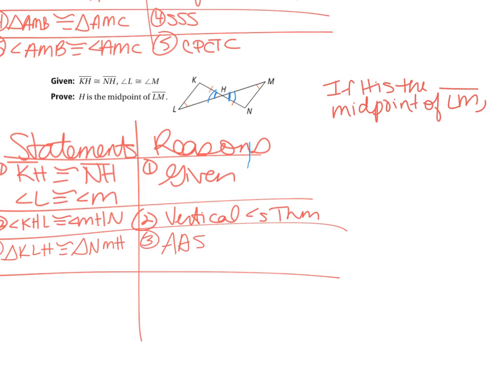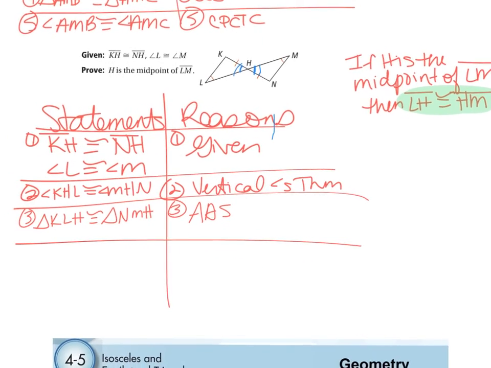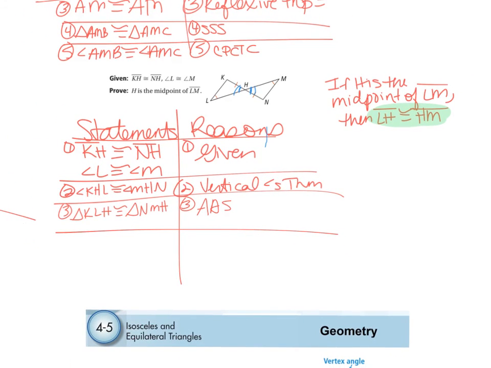Well, that must mean LH is congruent to HM. Can I state that piece next? Yes, I can. I can state this piece because why? Congruent parts of congruent triangles are congruent. So that would be LH is congruent to HM because of congruent parts of congruent triangles are congruent.